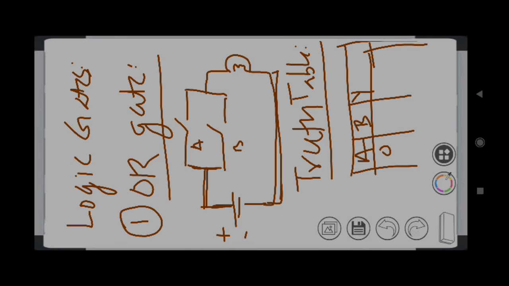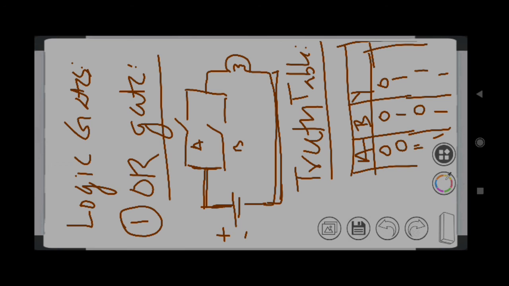Now you may take 0, 0, low, low, your output will be low. If you make one of the two inputs high, then your output will be high. Even if you make A 1 and B 0, you are going to get 1. If you take both A and B high, then also you are going to get high.